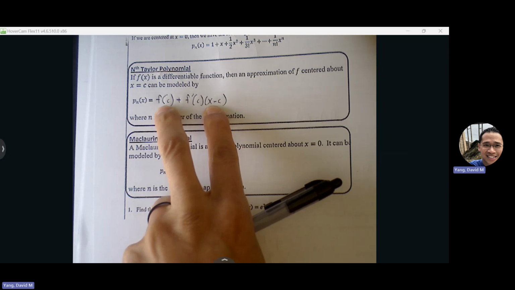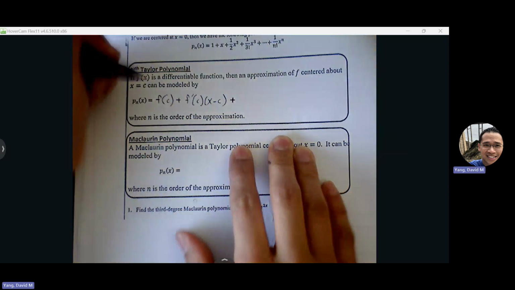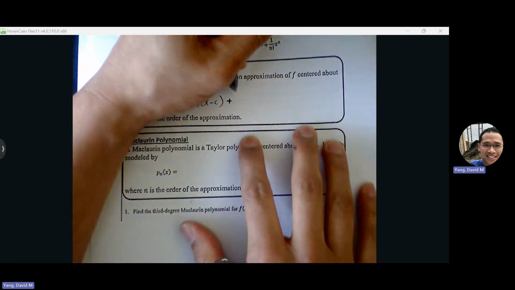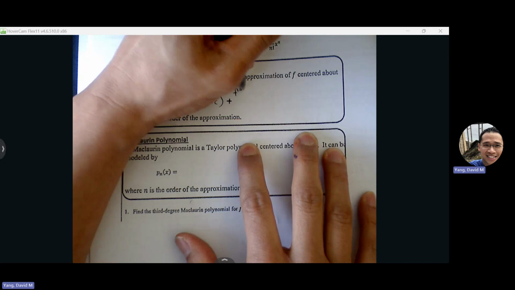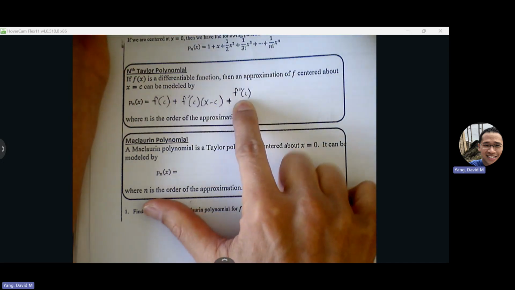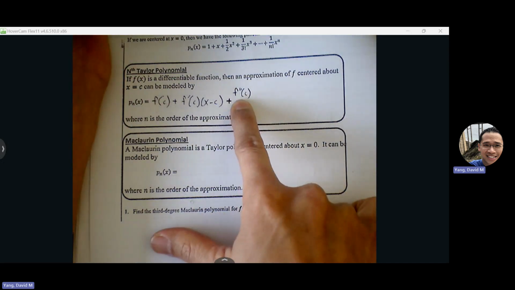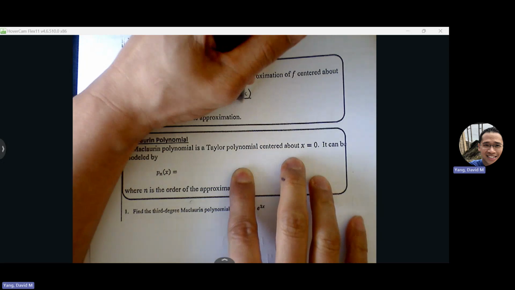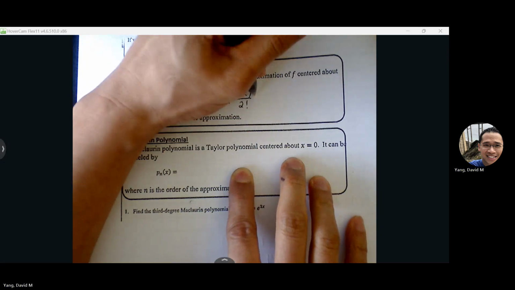You're just creating a tangent line equation. And then it's going to follow a specific pattern in matching the concavity, the third derivative value, the fourth derivative value. What we're going to do is find the second derivative value of that function that we're trying to imitate and put it into this formula.